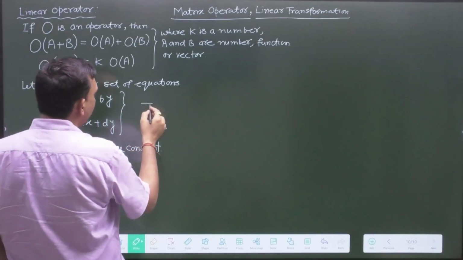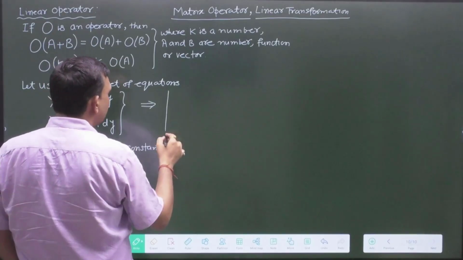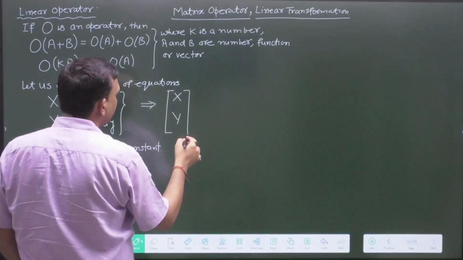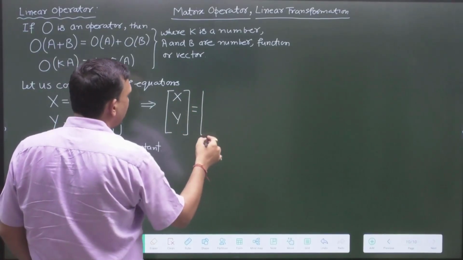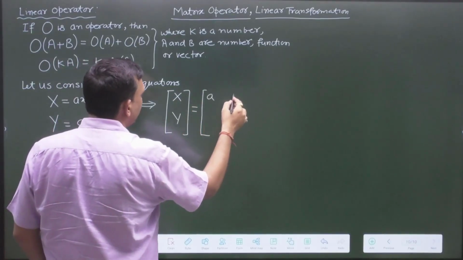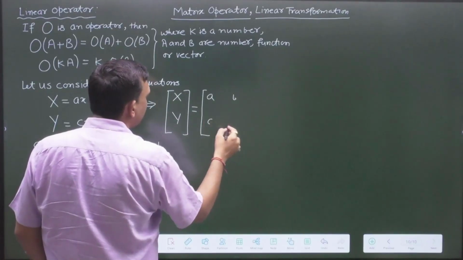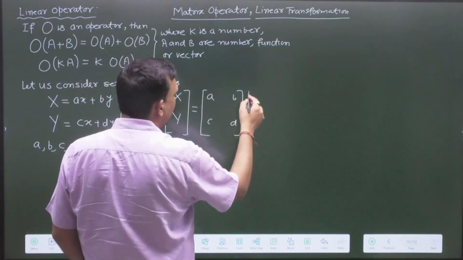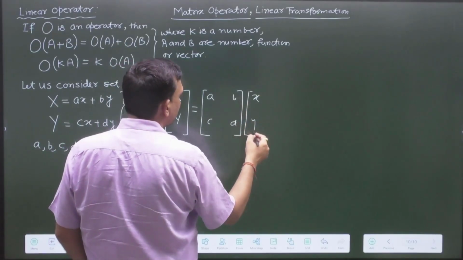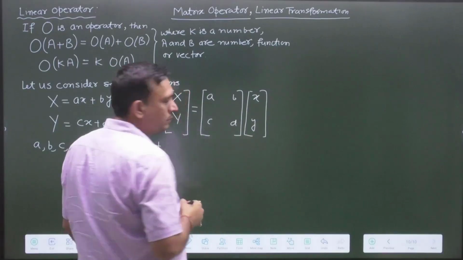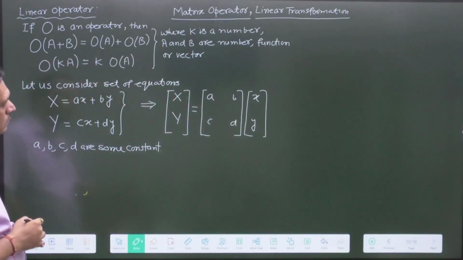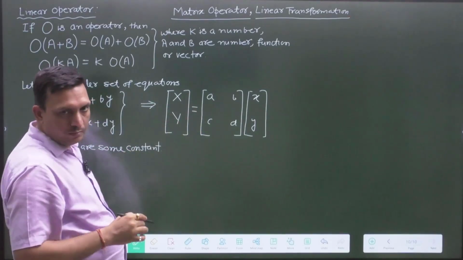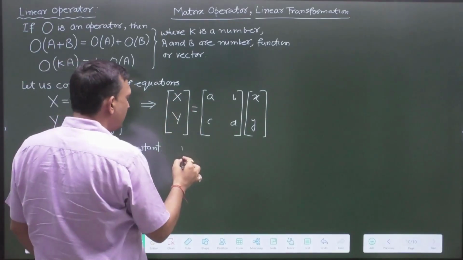Now in matrix notation, we can write this as a column vector x, y, and you have a matrix A, B, C, D, and that you should operate on x, y. So this can be written in matrix form, where I am taking this as some vector r.